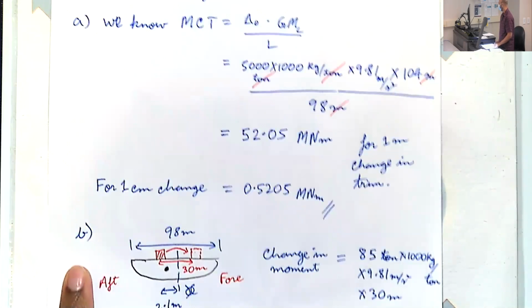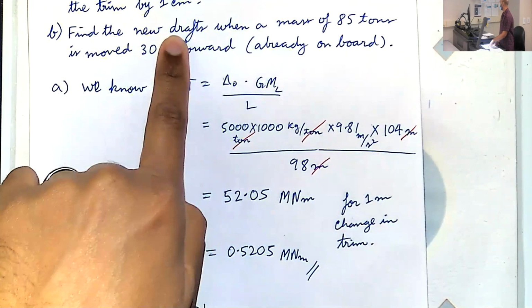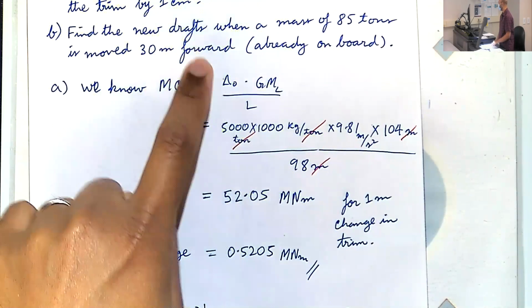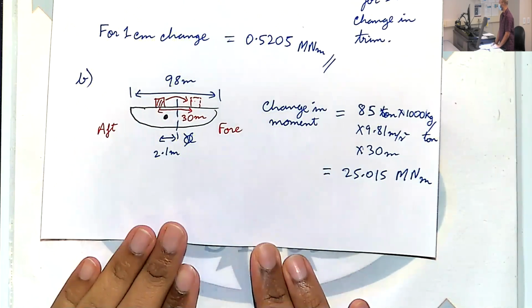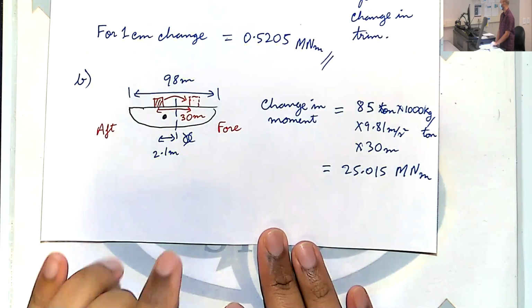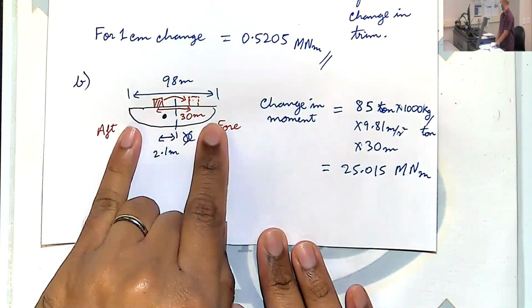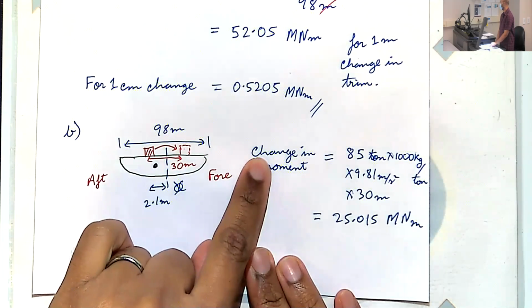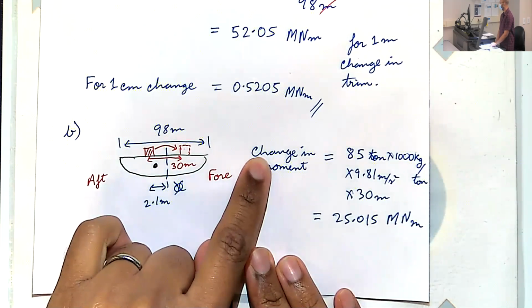We're trying to find the new drafts forward and aft in this situation. So we figured out what's the change in moment, but what do we do next?